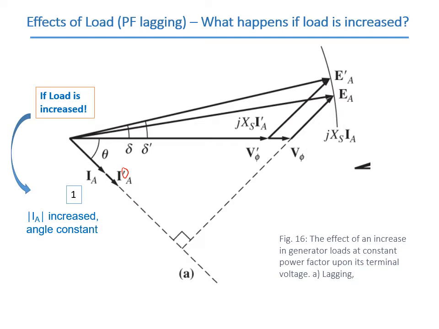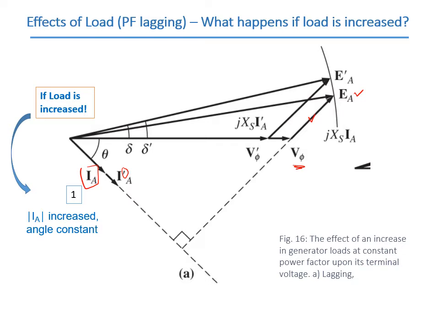Initially what you have is this IA, this is the initial phase voltage, this is the initial jXsIA, and this is the initial EA, or internal generated voltage.